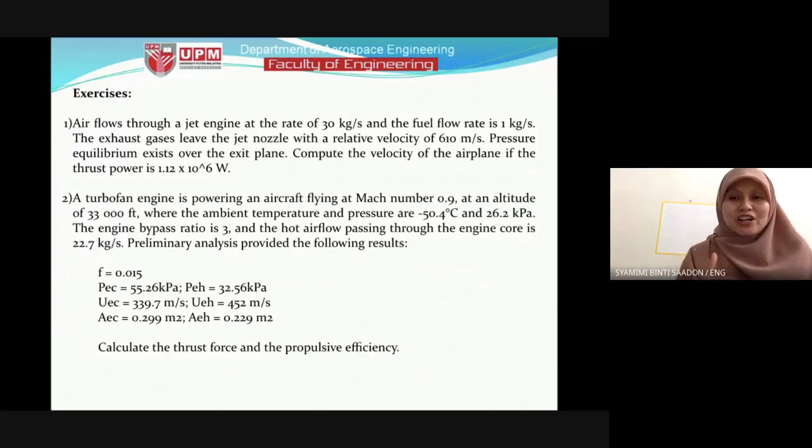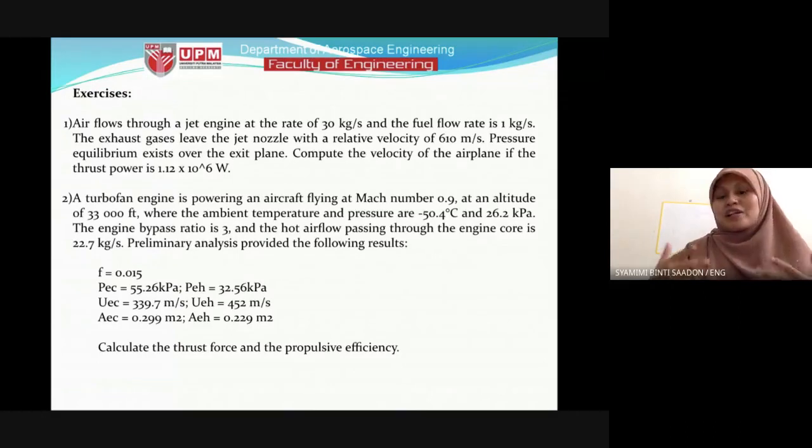Normally we know that thrust has the unit of a force, the force that propels the engine to move. Thrust is a force, but here it is given to you as power.